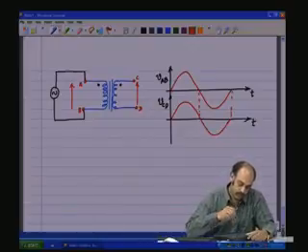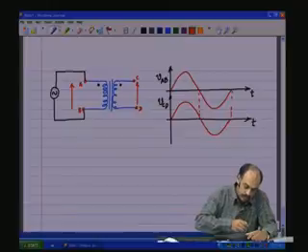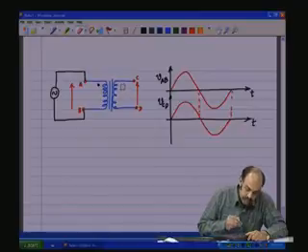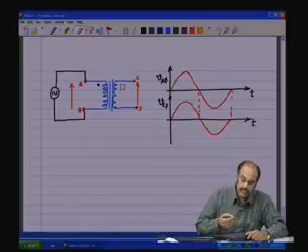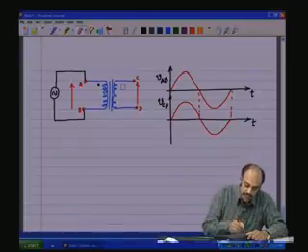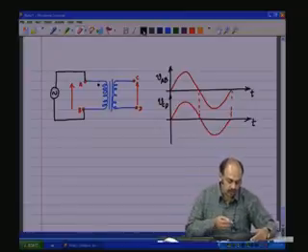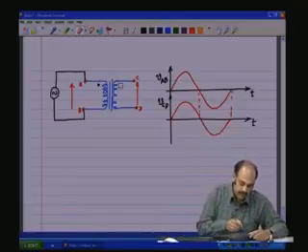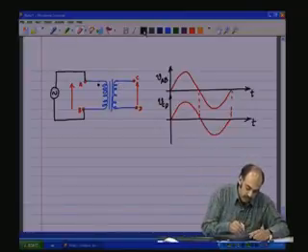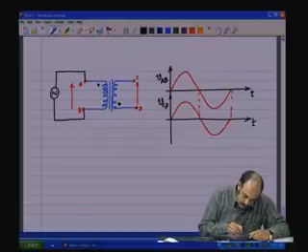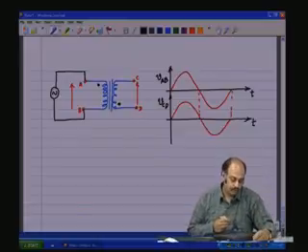Now, if we have a dot polarity of this fashion, which depends upon the winding sense. So, instead of winding the secondary, let us say, clockwise as in the previous case, it now becomes anti-clockwise. The dot polarity is now in this form.